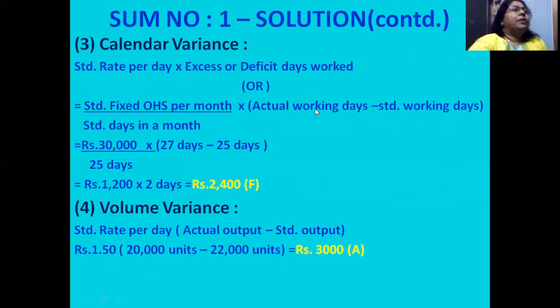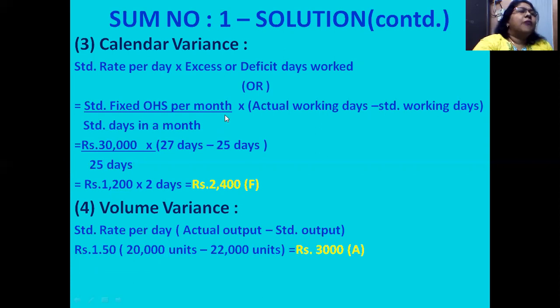Next is calendar variance. What's the formula for calendar variance? There are two formulas I mentioned over here. Standard rate per day into excess or deficit days worked, or standard fixed overheads per month divided by standard days in a month into the whole multiplied by actual working days minus standard working days. For this problem, it's better to substitute the second formula.